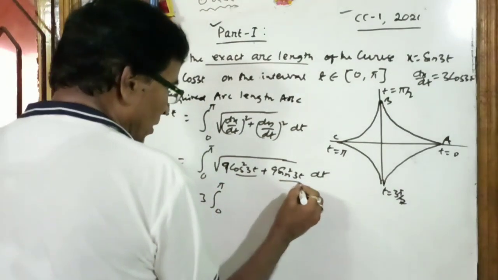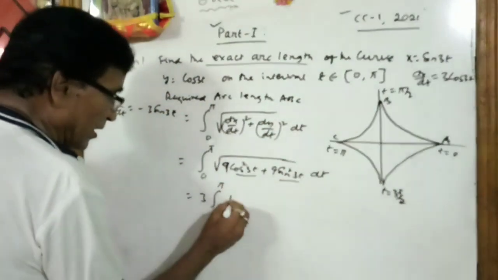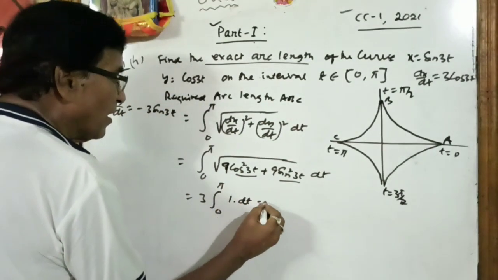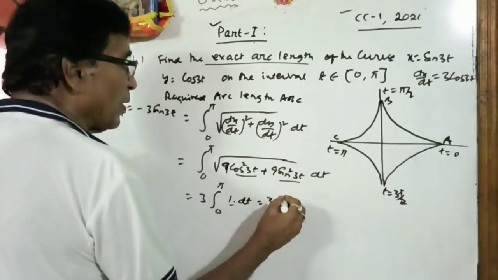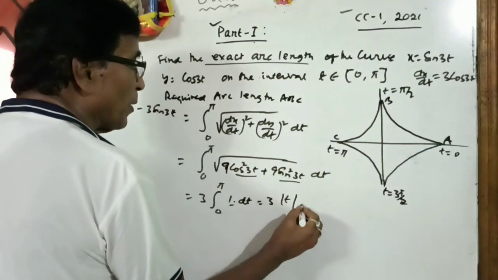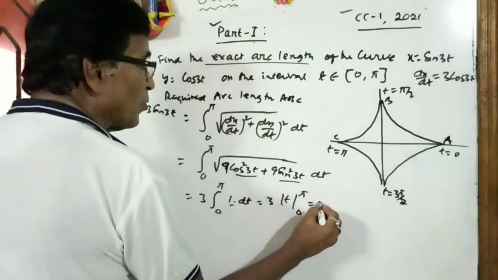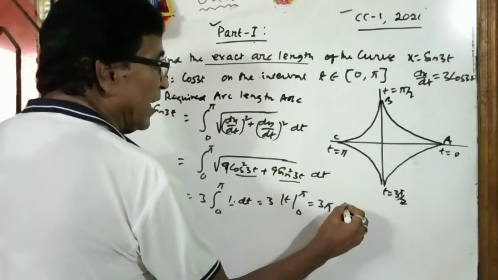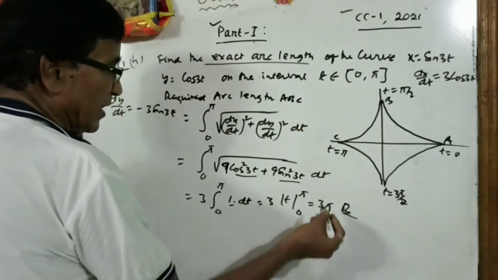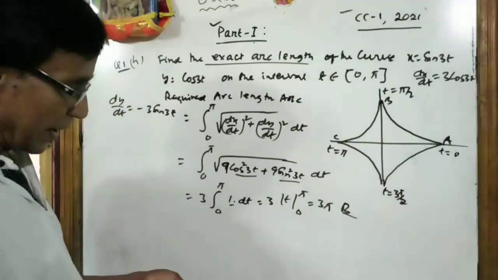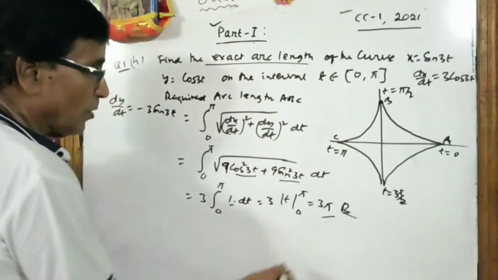Now cos square 3t plus sin square 3t is 1, so it is 1 dt. Now 3 times the integration of 1 is t, with limits from 0 to pi. So that is equal to 3 pi. So the length of the arc is 3 pi. Okay, thank you.